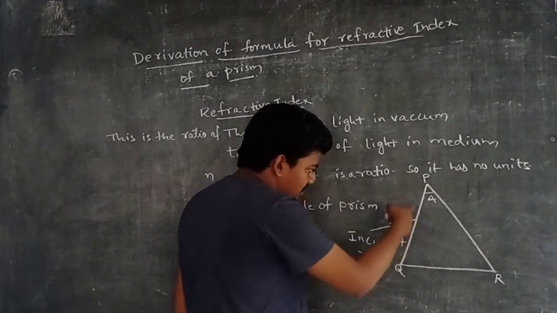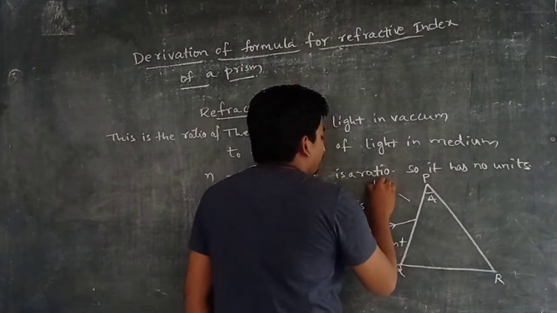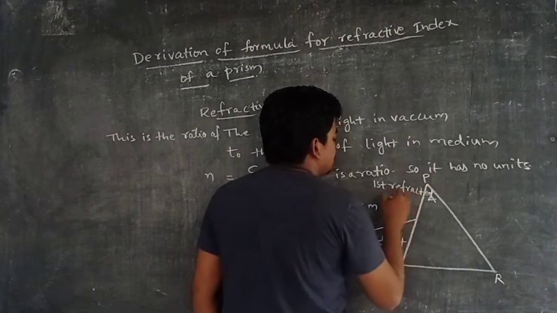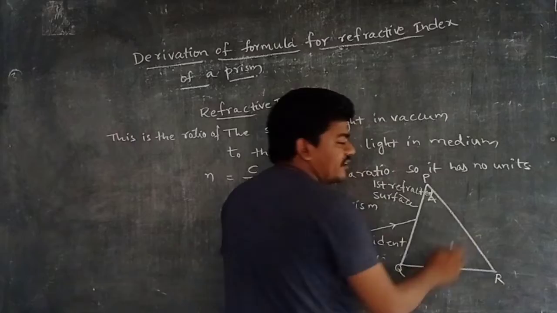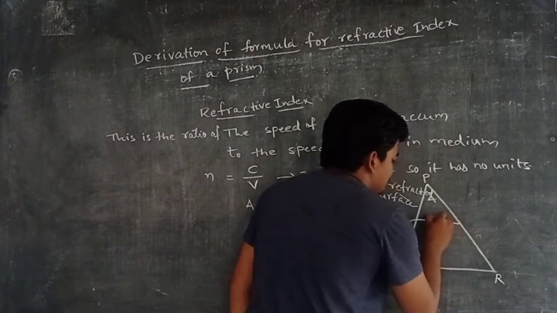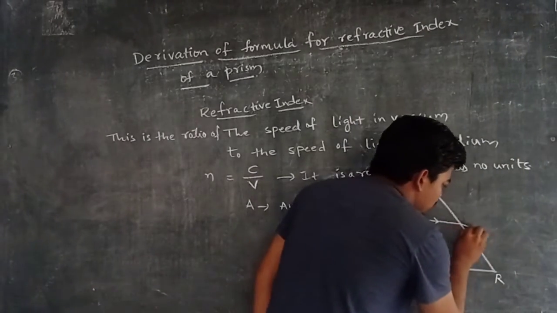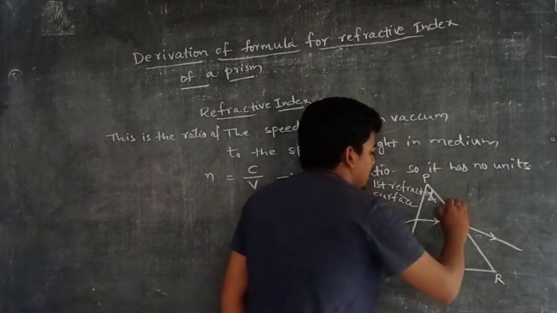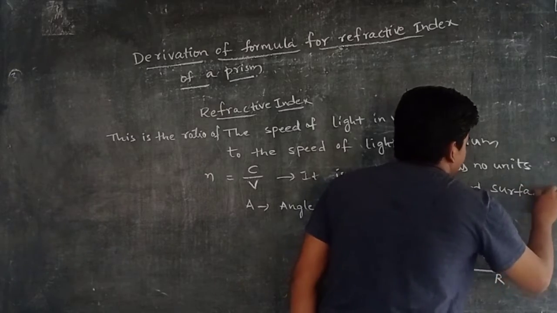This is the first refracting surface, and this one is the second refracting surface. The refraction takes place like this, and after that, it undergoes another refraction with respect to the second surface.